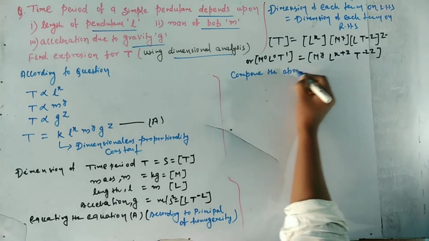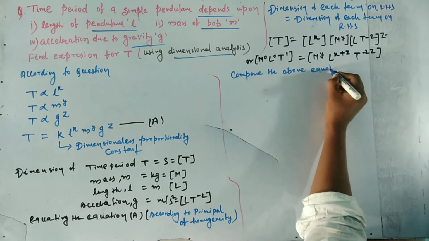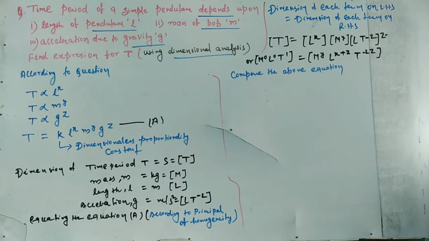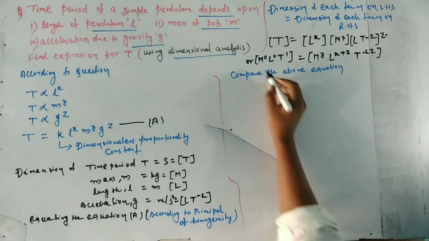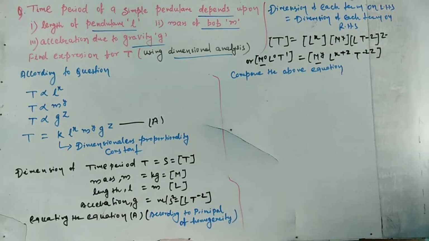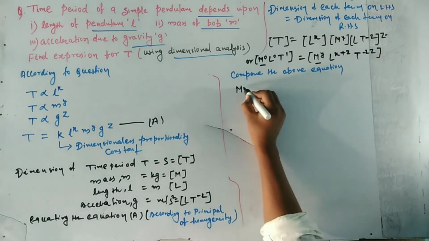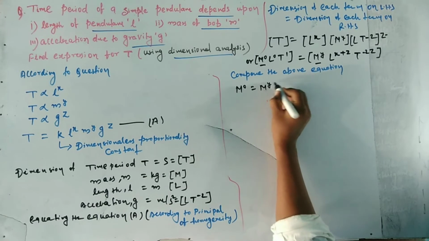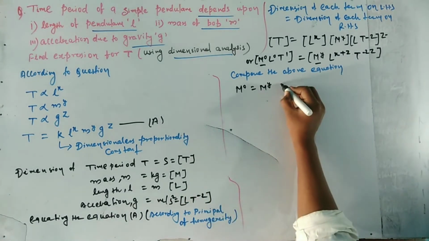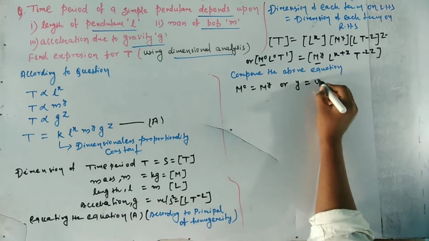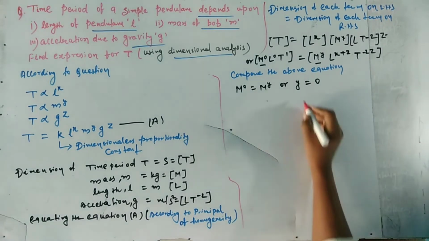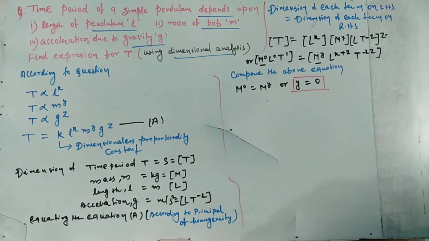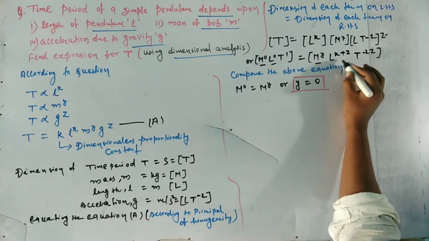Now comparing the above equation to find the values of x, y and z. First compare the terms M and M. M to the power 0 is equal to M to the power y, so y is equal to 0.